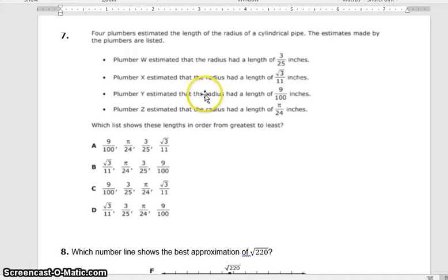Plumber Y estimated that the radius had a length of 9/100 inches. And Plumber Z estimated that the radius had a length of pi/24 inches. Which list shows these lengths in order from greatest to least? Greatest to least.